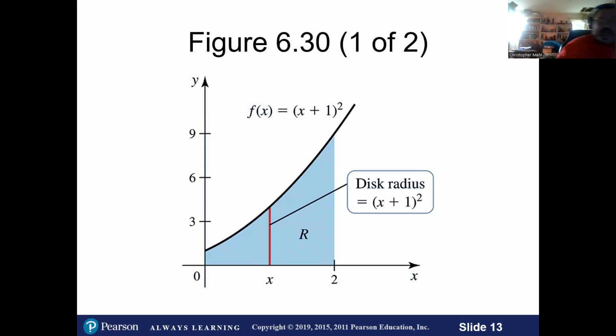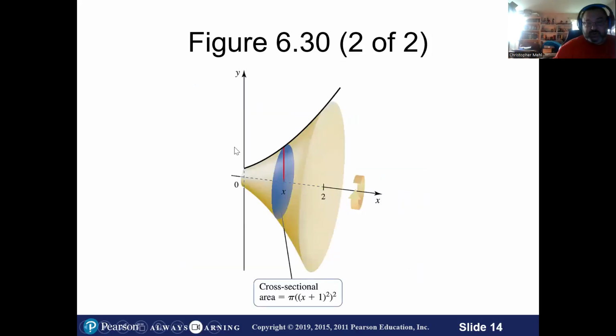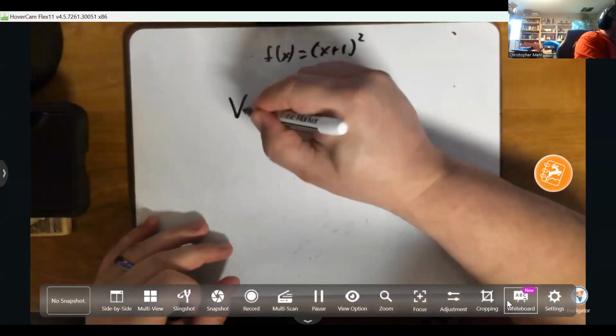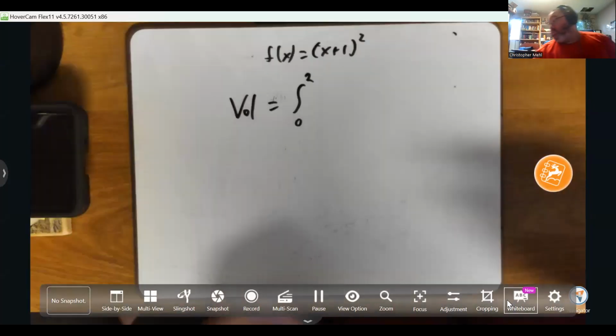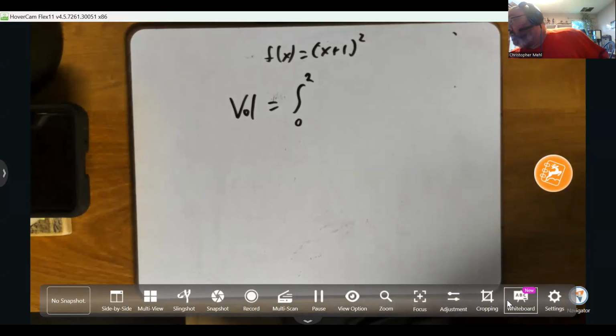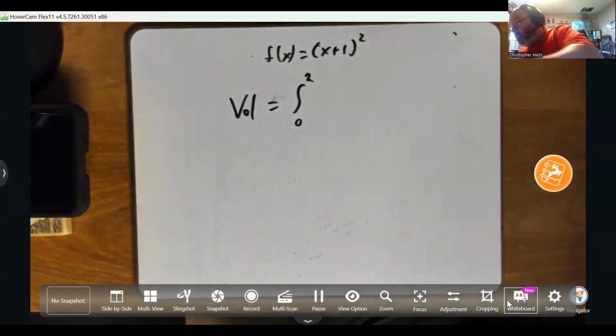Okay, so we're going to form a solid of revolution like so. And the volume of that solid of revolution is the integral from 0 to, I think we said 2 in our example.